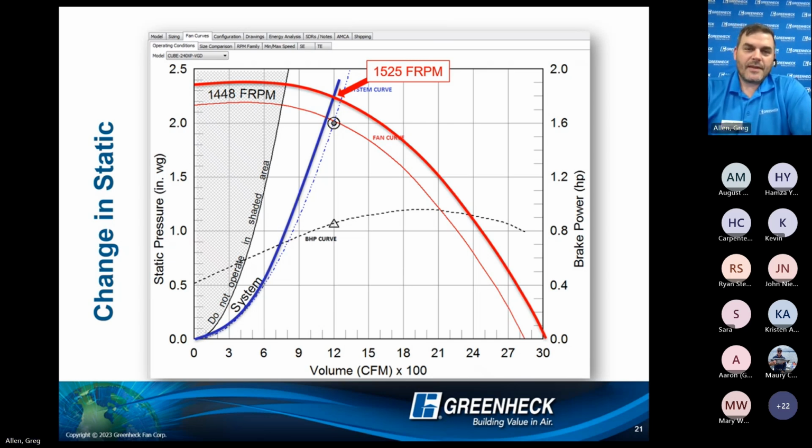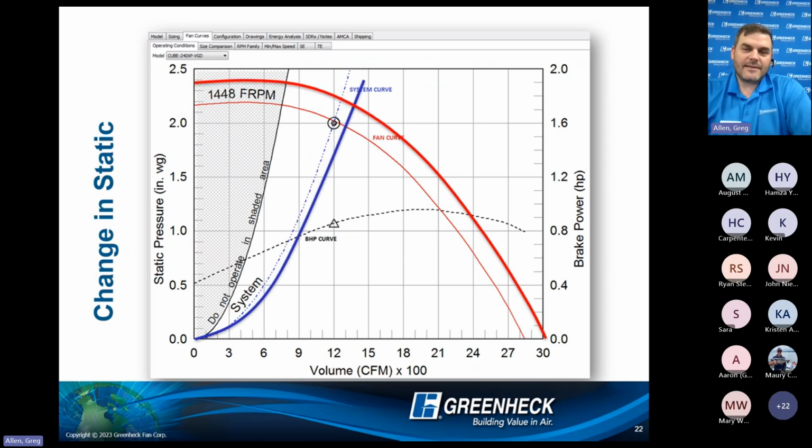Now, if I have less static pressure than I thought I would need, right? I thought 2 inches, turns out it's a little less. As you have less, the system resistance curve will lay down. And of course, same scenario, I'm going to have to adjust the speed of the fan.